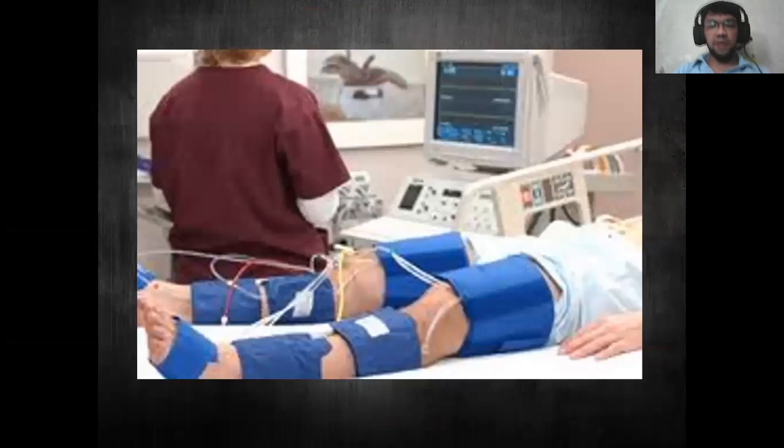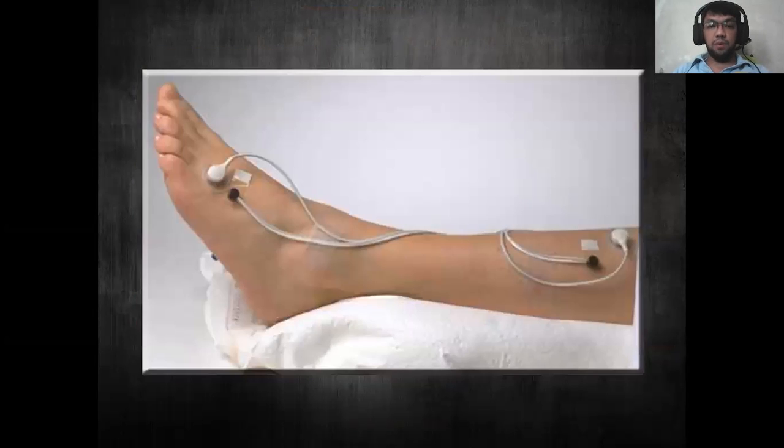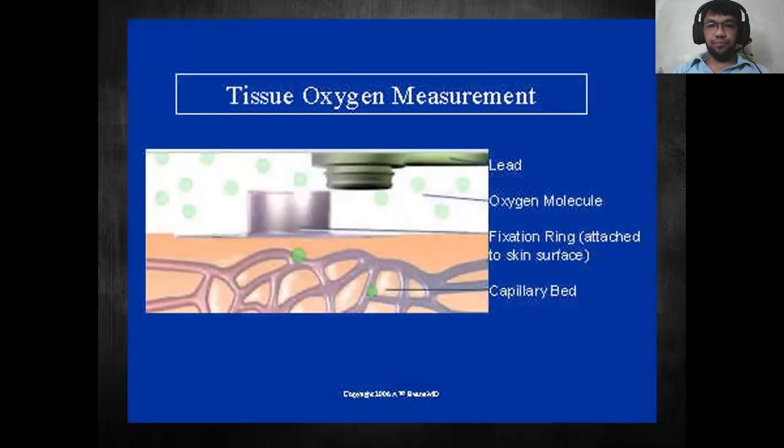So this is the segmental limb pressure in order to detect discrepancies in the blood pressure. This is the Doppler ultrasonography, and they are also testing here the pulse rate of the patient. So they need to assess for the oxygen in the tissues if it is adequate enough.